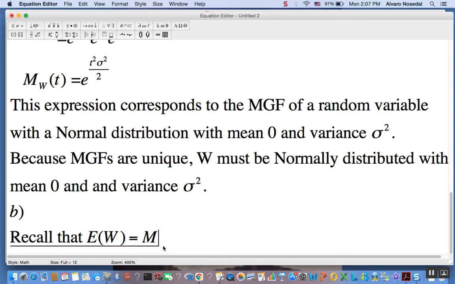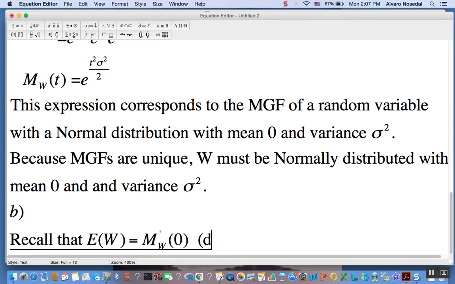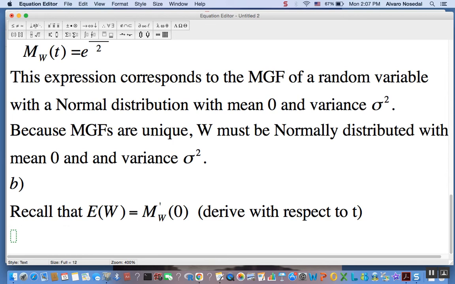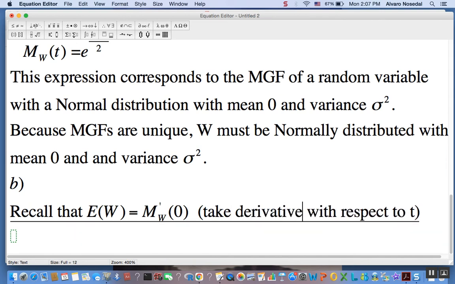Okay, let me do it like this. There. So we have W prime here, and we want to evaluate that derivative at 0. And here, let me remind you, differentiate with respect to t. Take the derivative with respect to t.